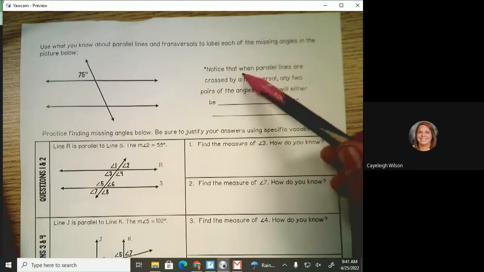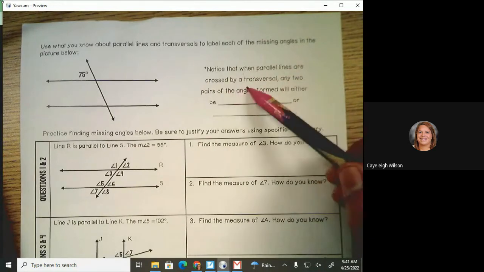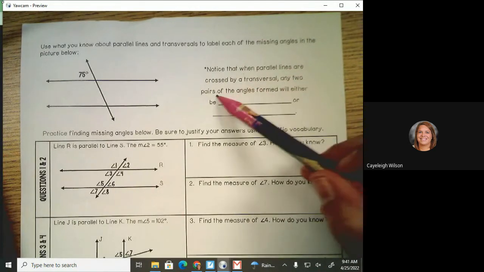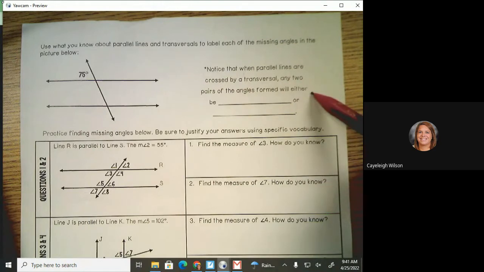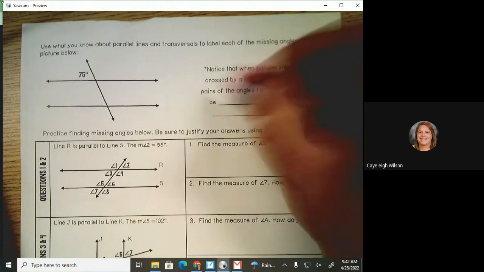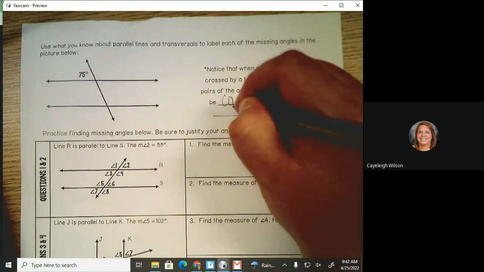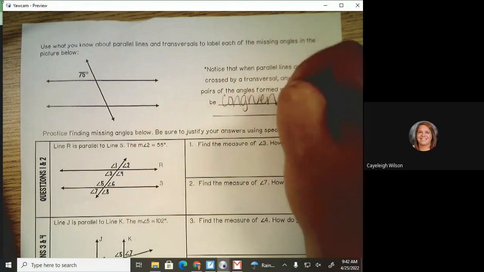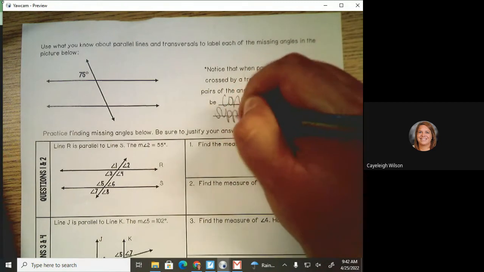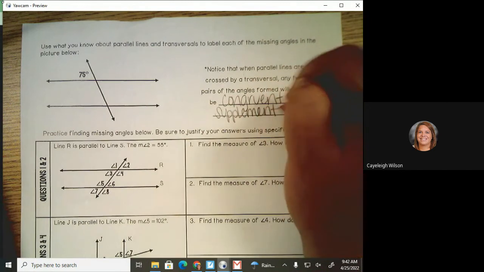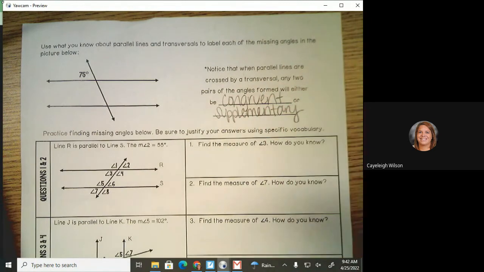It says, notice that when parallel lines are crossed by a transversal, any 2 pairs of the angles formed will either be, and we learned this on the other side, congruent or supplementary. We learned that from the other side because every set of angles were either congruent, the same, or they'll be straight lines, supplementary. And what is supplementary? Adds to 180.